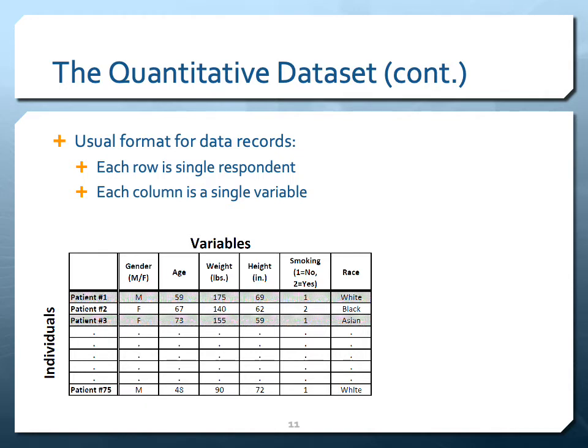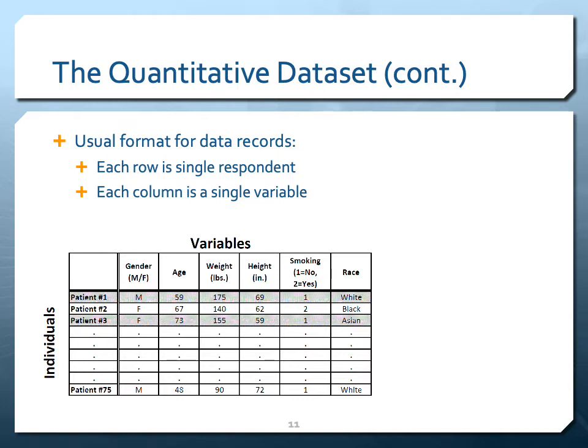So those are your respondents. And across the top of your data set or your table, those are the different variables you might have been looking at. So gender, age, their weight, height, whether they smoked, and what their ethnic background or their race.